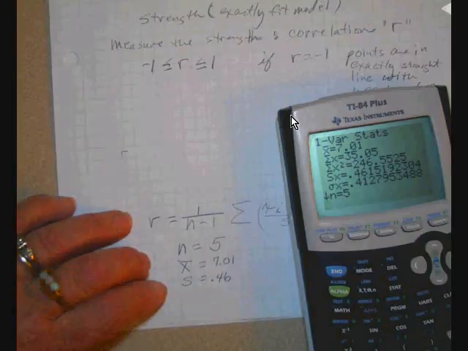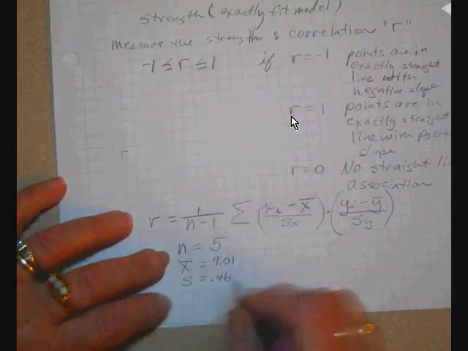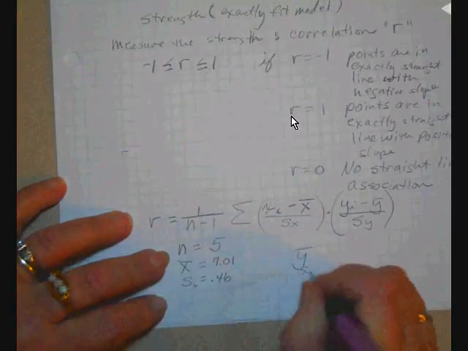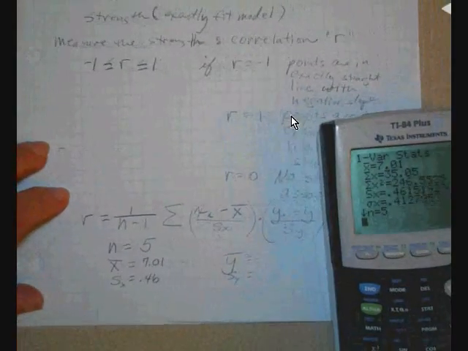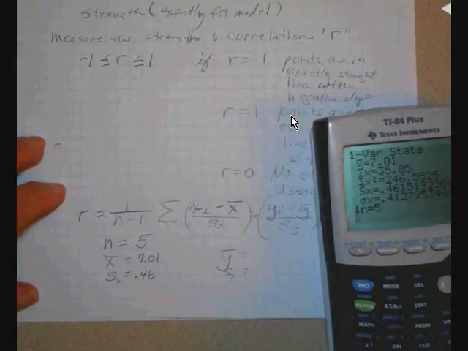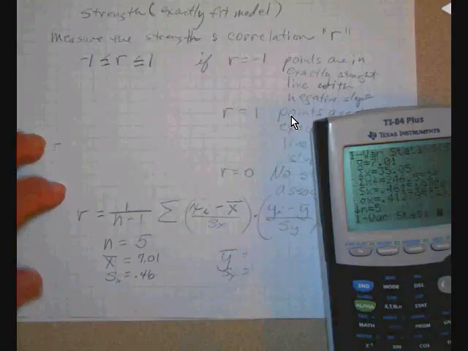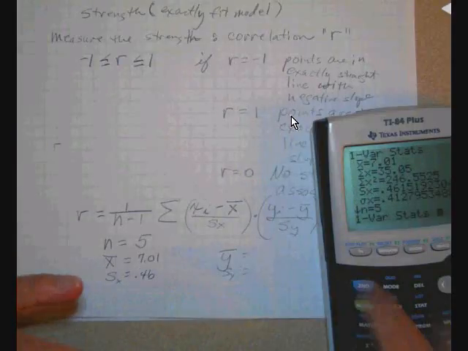Okay? I also need the mean and the standard deviation of list 2, the responses. So I'm going to go stat, calc, 1 var stats, and I can go second 2. You could have gotten this from 2 var stats too.